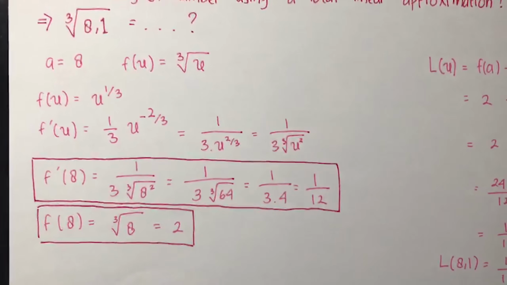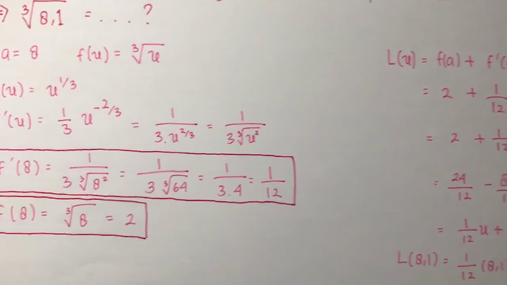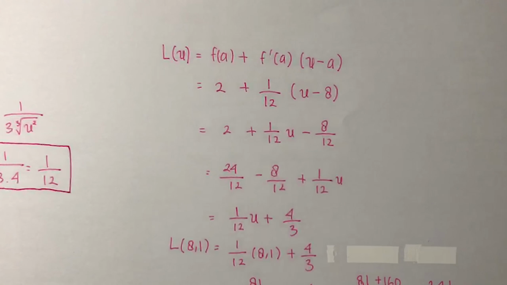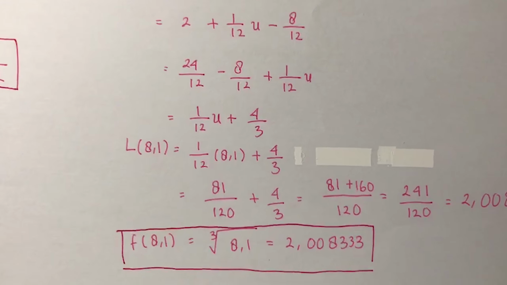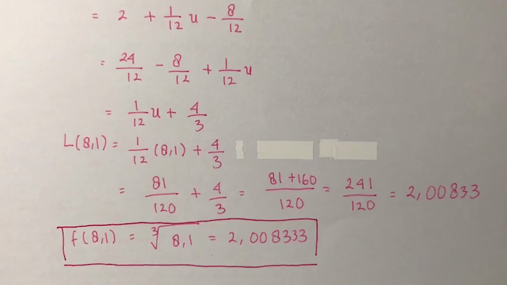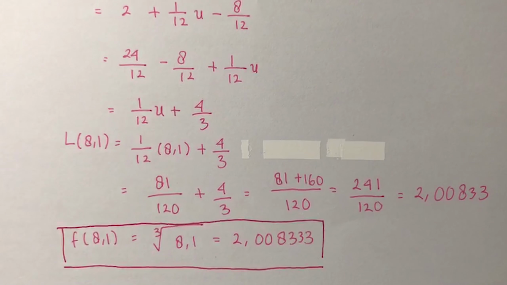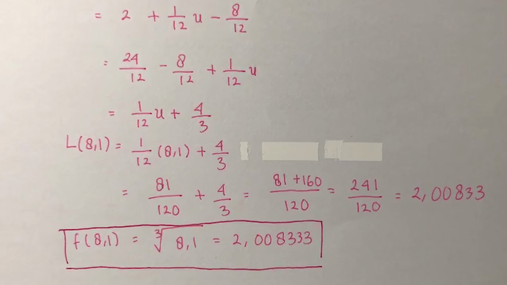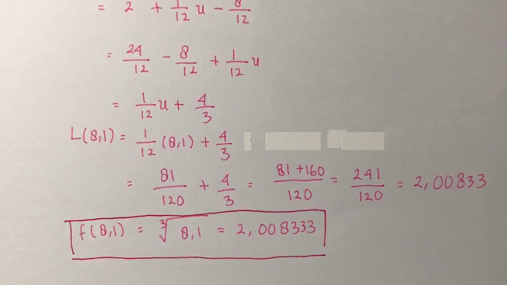So this is how to do it. And we will find the result. The cube root of 8.1 is 2.00833.